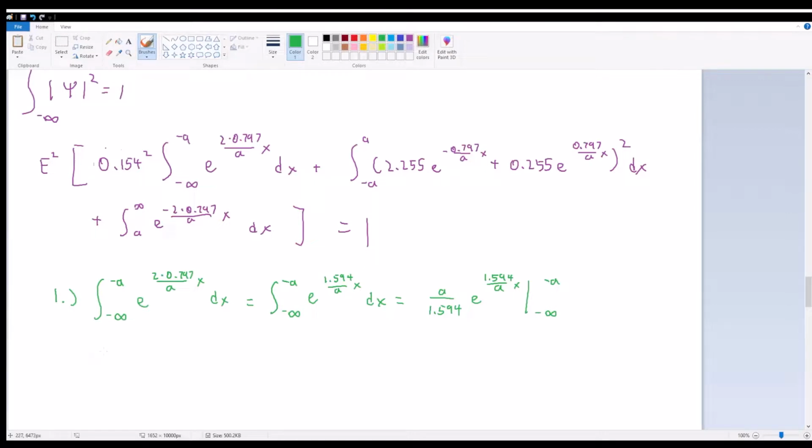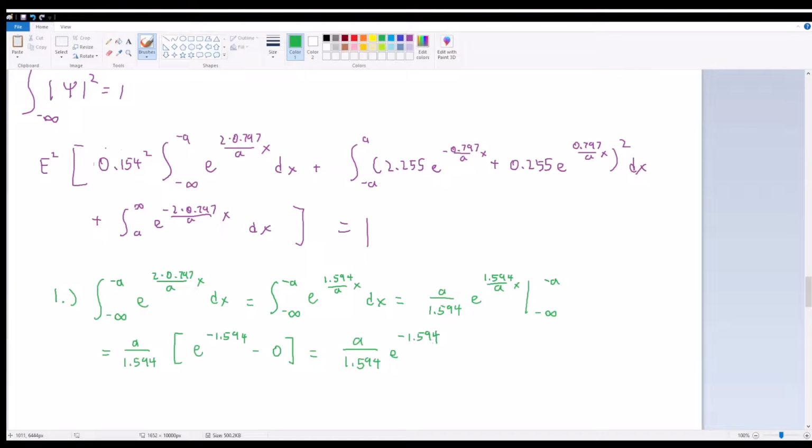And that's going to give me, let's see, a divided by 1.594 multiplied by e to the negative 1.594 minus e to the negative infinity, which is just 0. So this is going to be a over 1.594 times e to the negative 1.594.